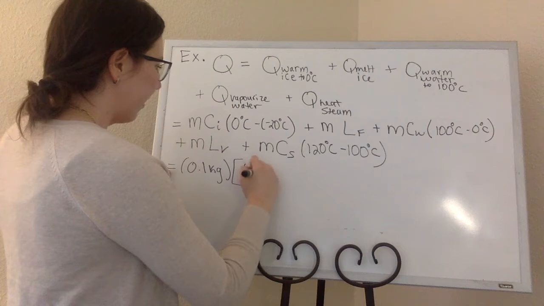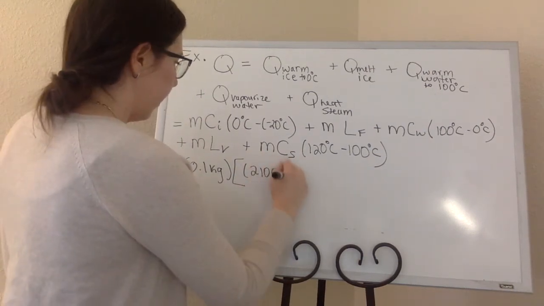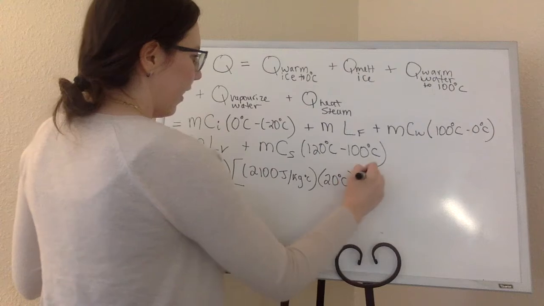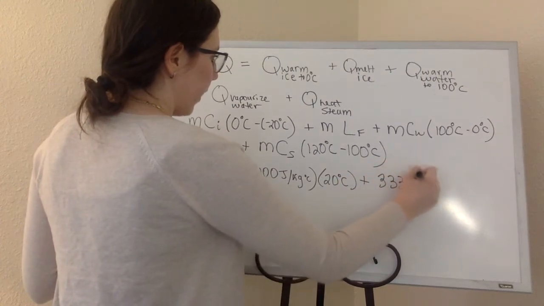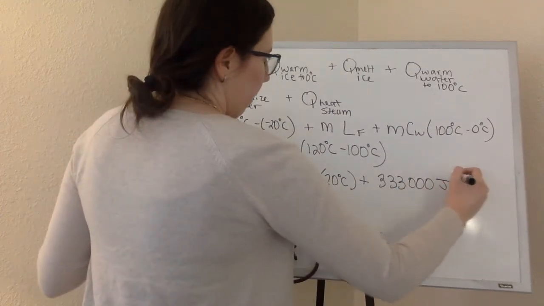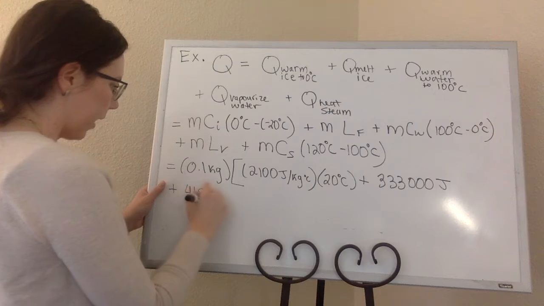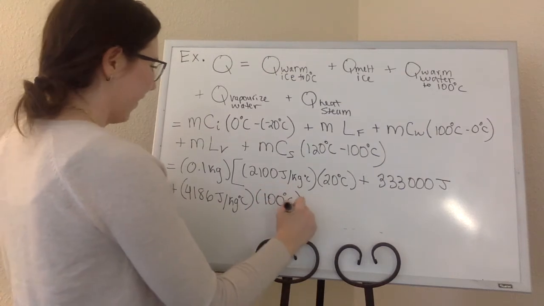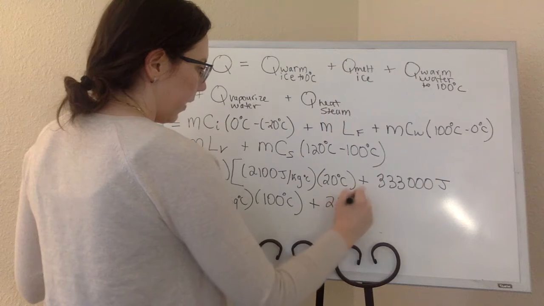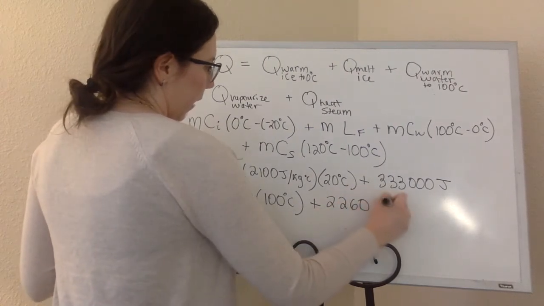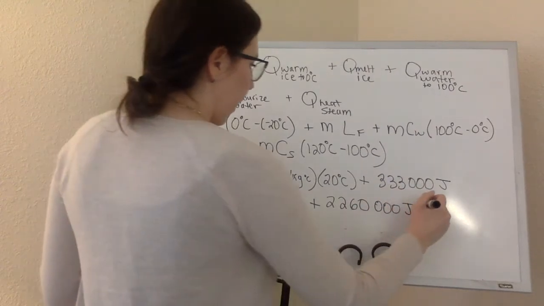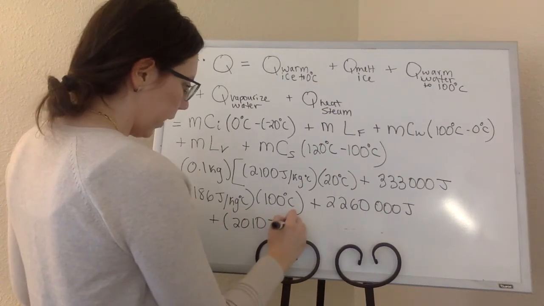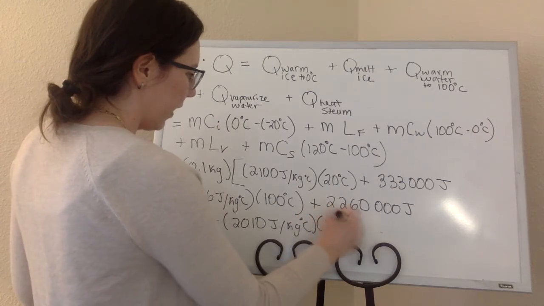And then I'll have C ice, which is 2100 joules per kilogram degrees Celsius, times, this works out to 20 degrees, plus the latent heat of fusion, 333,000 joules, plus C water, 4,186 joules per kilogram degrees Celsius, times 100 degrees, plus the latent heat of vaporization, 2,260,000 joules, and then plus our last term here, C for steam, which is 2010 joules per kilogram degrees Celsius, times 20 degrees from this bracket here.